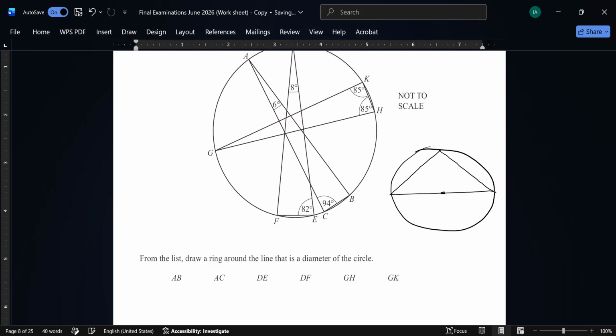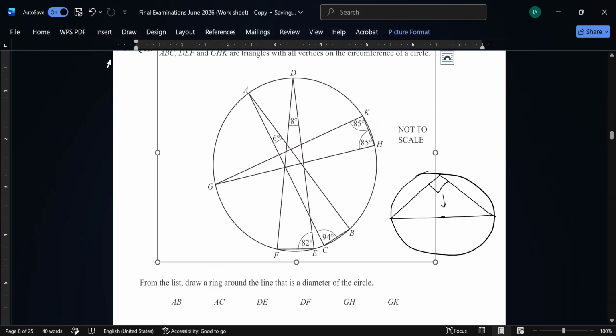In this case, what happens? This angle must be a 90-degree angle, and the side opposite to the 90-degree angle will be a diameter line. That is the property. So using this property, we need to find an angle which is 90 degrees in this triangle or in this diagram. Now, look at this.